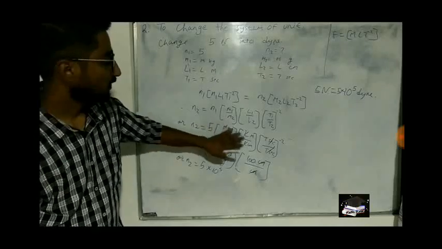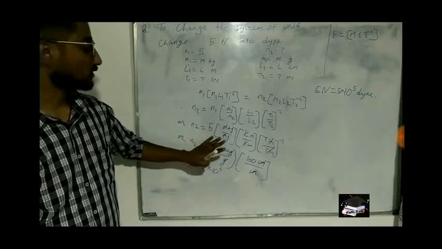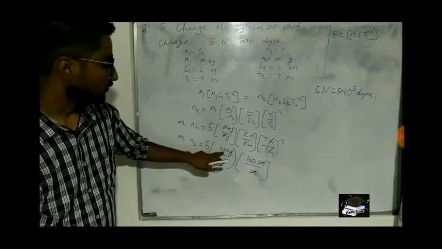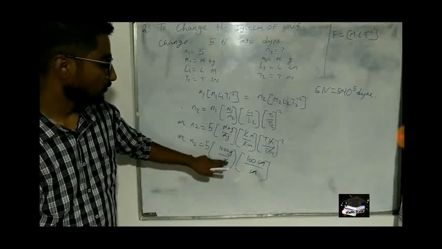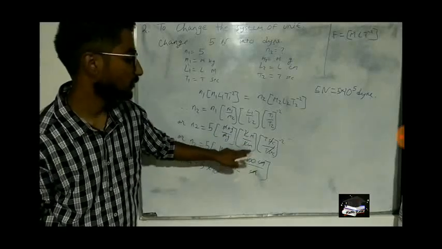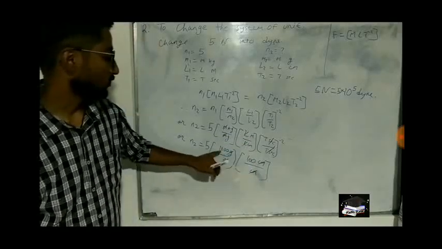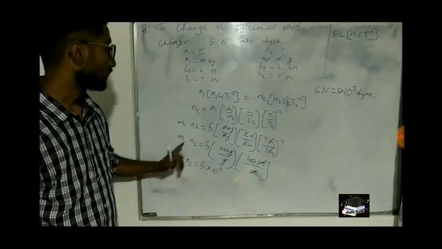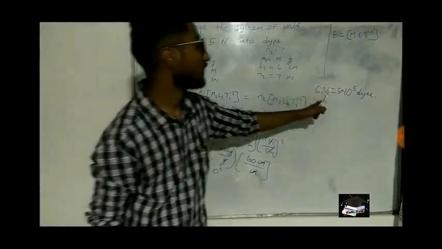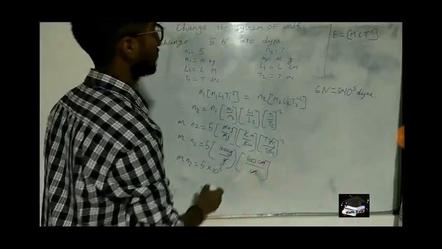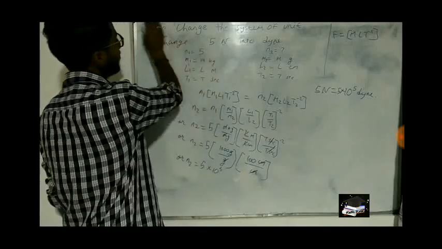After putting the values, we cancel whatever cancels out. Kg equals 1000 gram and this is already gram, so these two cancel out. Meter is 100 centimeter, this is already centimeter, so these two cancel out. So we get 5 zeros, 10 to the power 5. So 5 Newton equals 5 into 10 to the power 5 dyne. You can do this for other examples also.